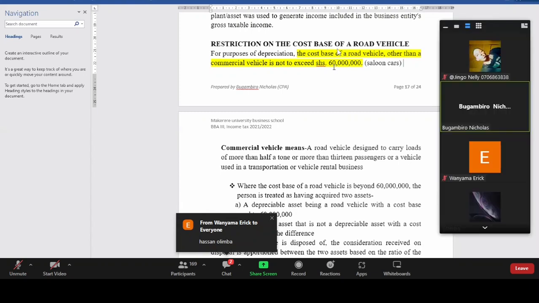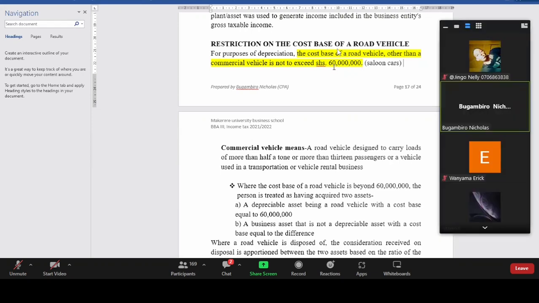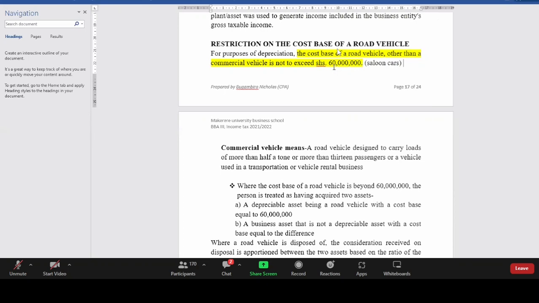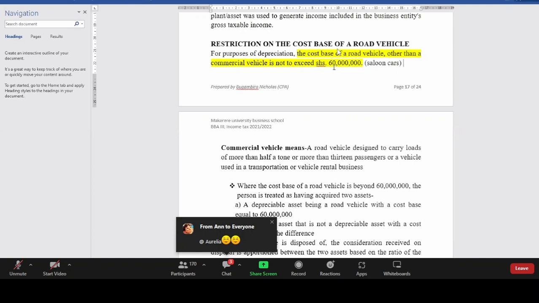Where you purchase a saloon car, assuming you buy maybe a TX, say a V8, and its value is around 400 million, you have bought 2 cars. Its value is limited for depreciation purposes. Its cost base is limited to only 60 million, not exceeding 60 million.